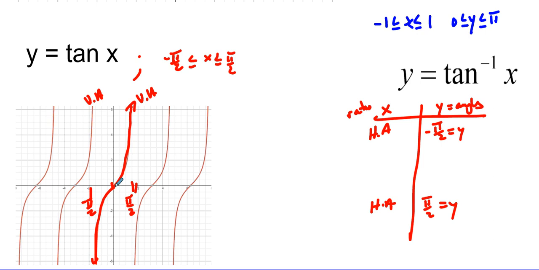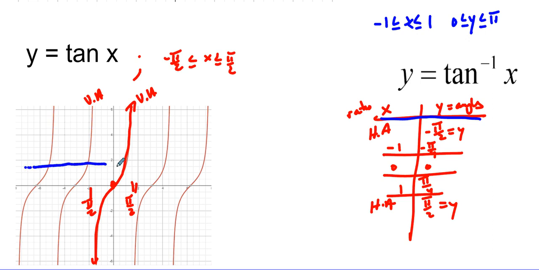And we see that this middle point right there, we're going to have a value at 0, 0. In the same way, we would have negative 1 and negative pi over 4, and then right here, pi over 4 and 1. And so when we graph this, I'll make it blue. We have this at 1 point something, and for our horizontal asymptote, y equals pi over 2.